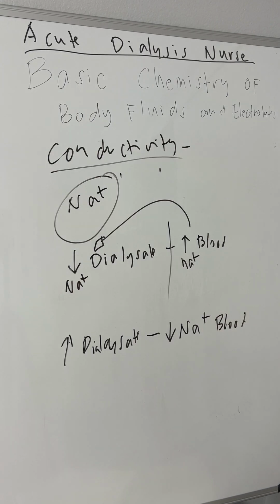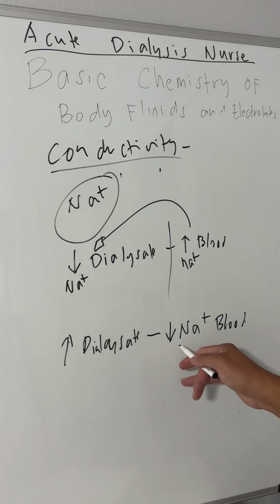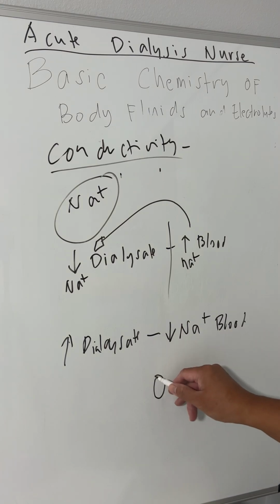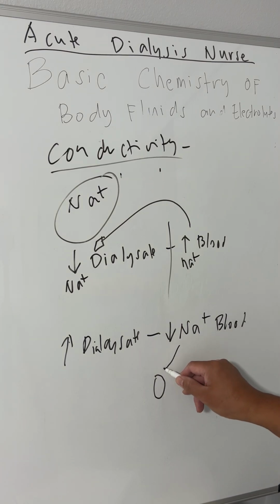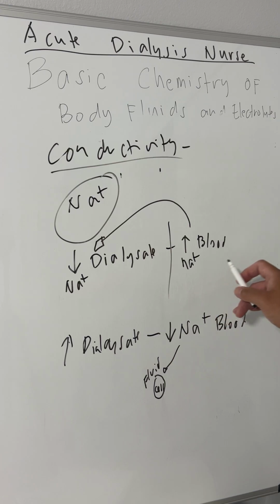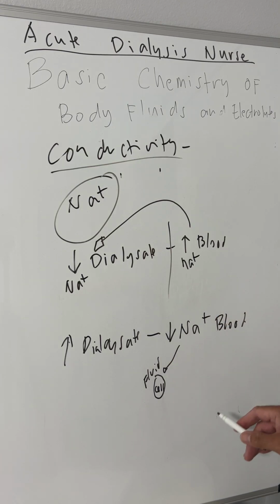So what if it's low sodium in the blood? What happens? The normal response of the body, because the blood is too diluted, is to push the water back into the cell. So it will push fluid back into the cell. Remember, when we have high sodium, it causes cell crenation.